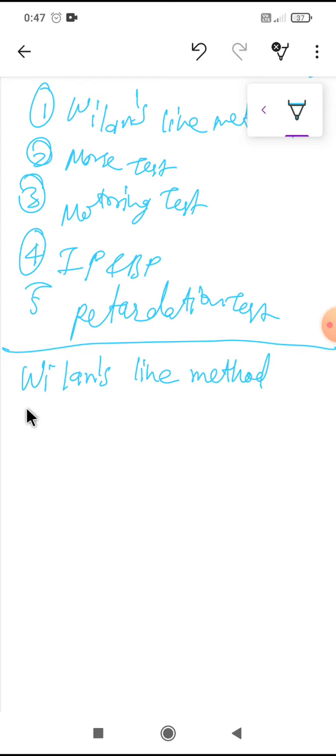In Williams line method, gross fuel consumption versus brake power at a constant speed is plotted, and the graph is extrapolated back to zero fuel consumption.